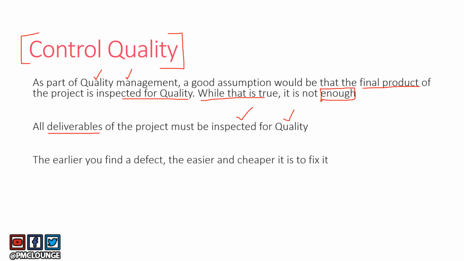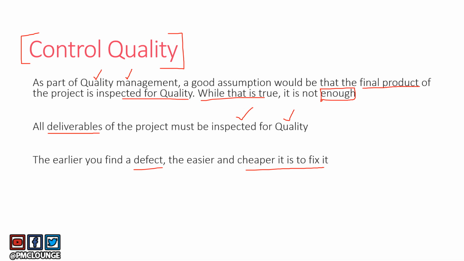So the earlier you find a defect, the easier and cheaper it is to fix it. We have talked about this earlier as well. Let's say you're constructing a house and you have already laid the flooring part of the house, right? You have already done the flooring, and that's when somebody comes in from the quality team and says that the materials used in flooring are not up to the mark.